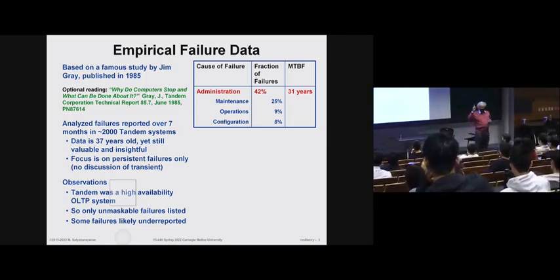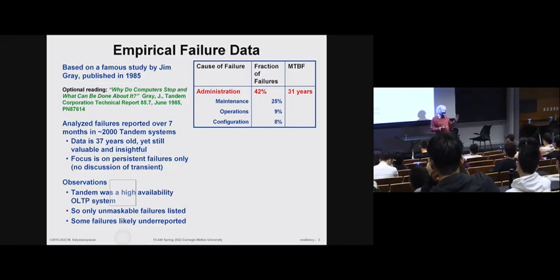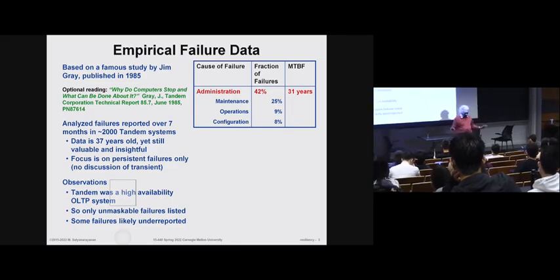Almost half. And I'm not including here software bugs by developers. This is the operator whose job it is to maybe add a new user, add a new disk, maybe configure something. Human error accounted for nearly half, 42% of the failures.